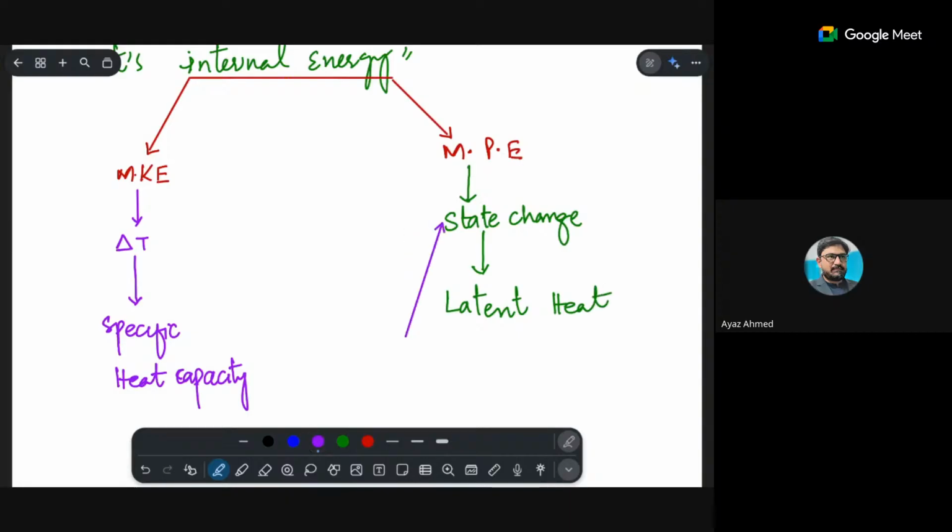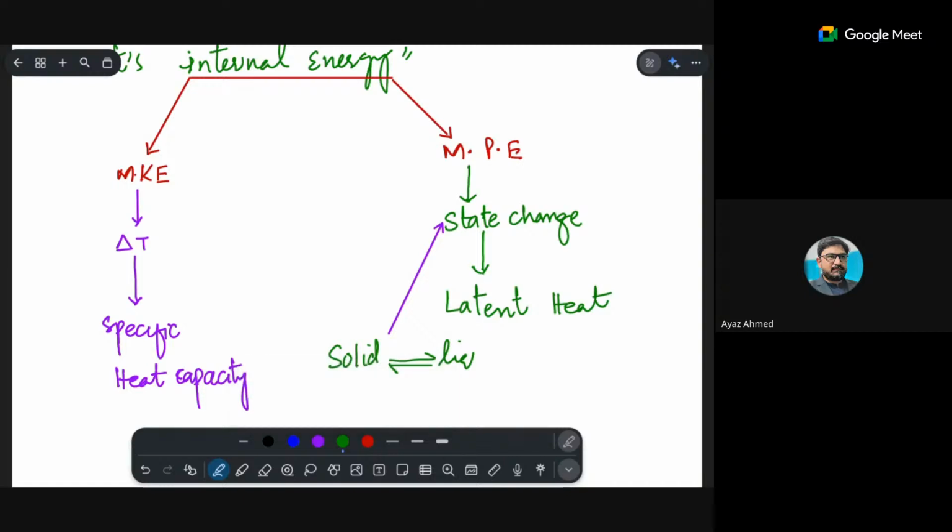One is basically liquid to solid, solid to liquid, or vice versa. Do you agree? Solid to liquid or liquid to solid, that is your specific latent heat of fusion.